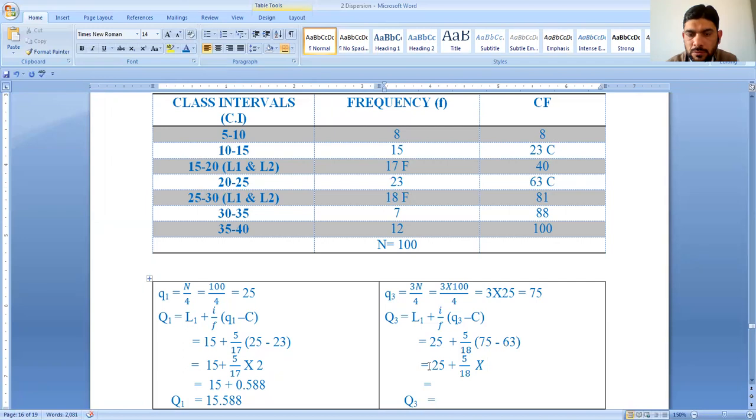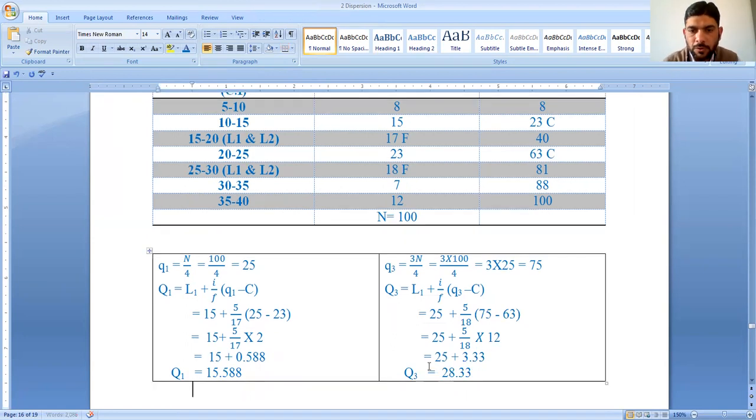On subtraction we will get 75 minus 63, that is 12. 12 times 5 is 60. 60 upon 18 will be 3.33. So it will be 25 plus 3.33, or we may say that capital Q3 is equal to 28.33.